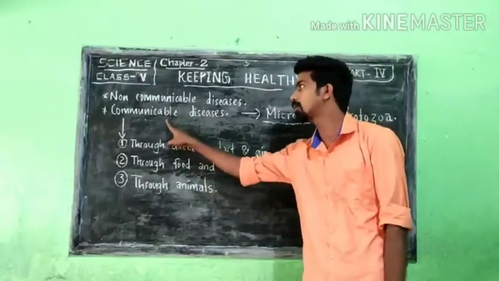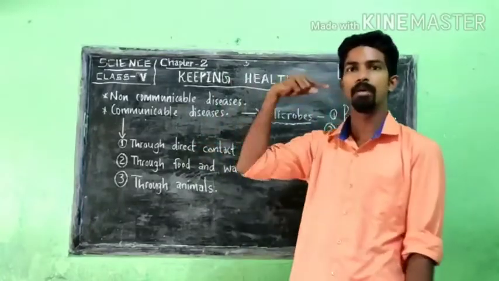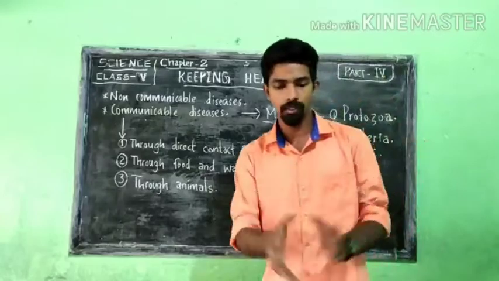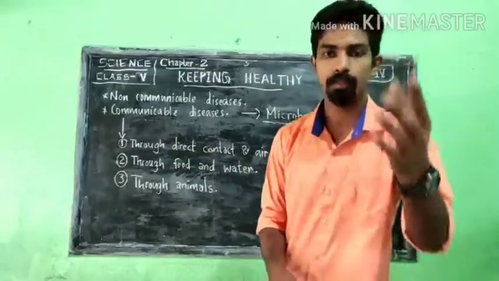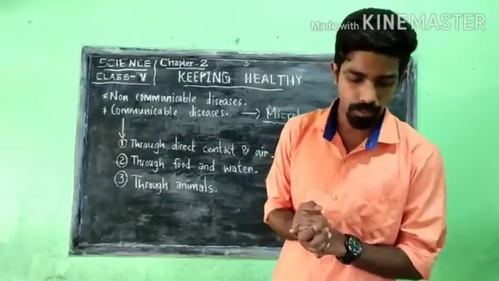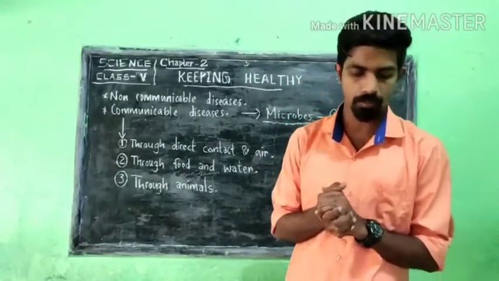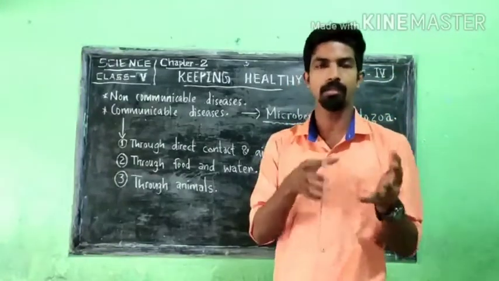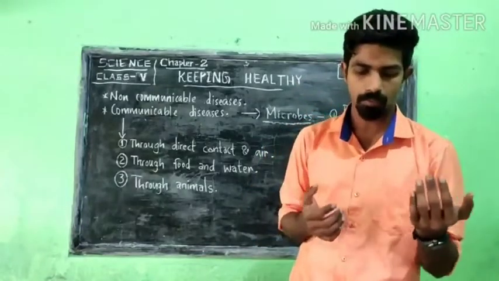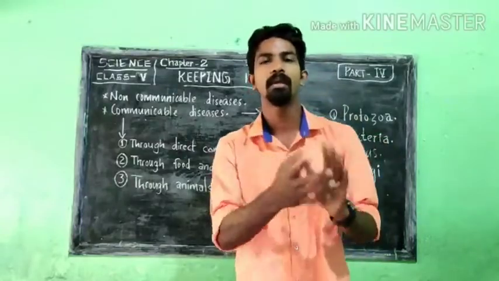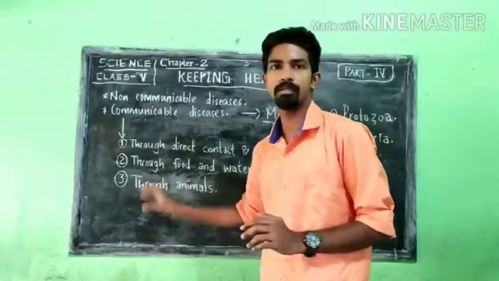The second way these communicable diseases spread from one person to another is through food and water. Contaminated food and water may contain microbes. Then these microbes pass into the body of the person who consumes the contaminated food or water. The same thing is if you are visiting a person who has a communicable disease.